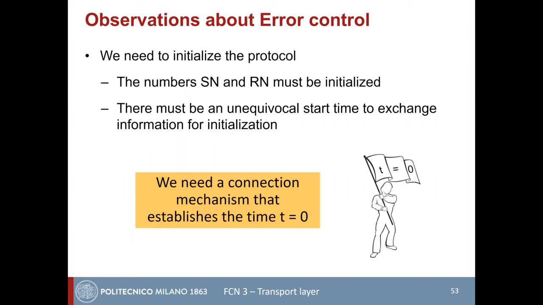This is basically the procedure of error control that is used with both Go-Back-N and Selective Repeat and Stop-and-Wait, and we have understood that we need to number the frames and also the acknowledgements.